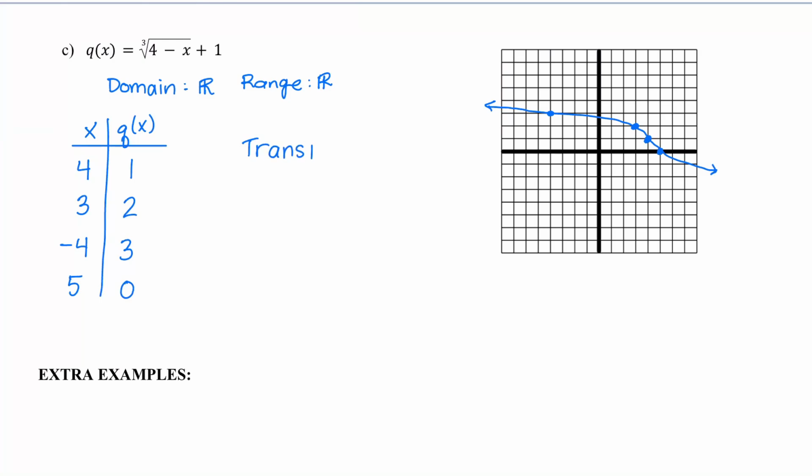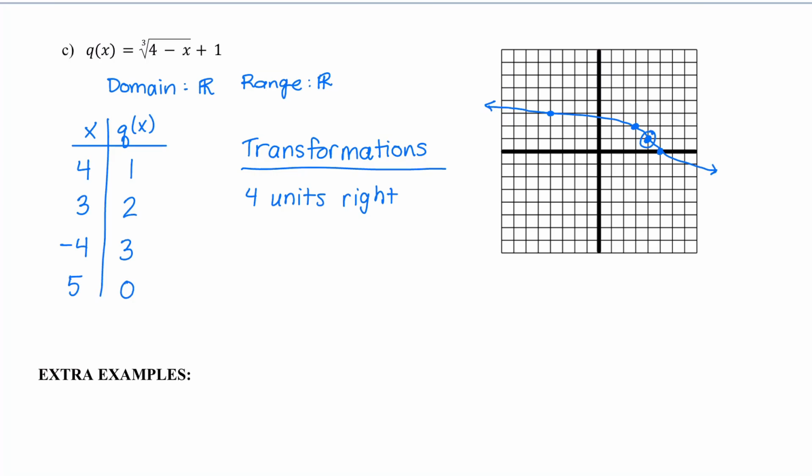And my transformation. I don't have a stretch or compression because there's nothing in front of my cube root. I am going to shift 4 units to the right, as you can see.